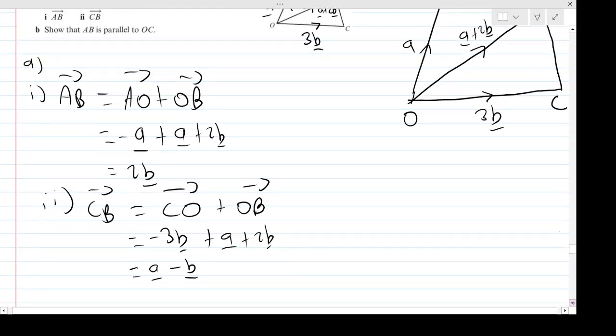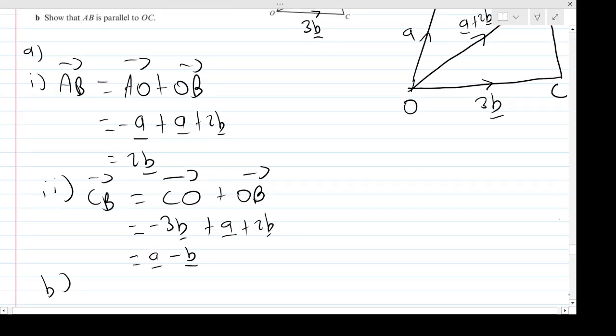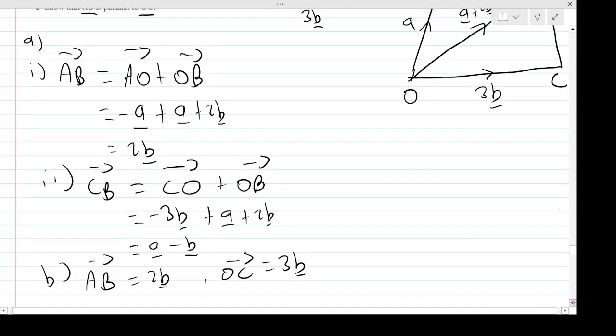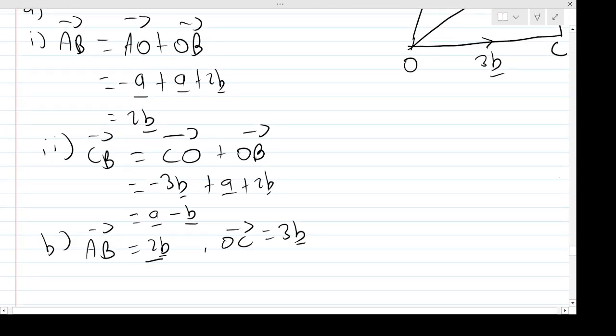Then for part B, I need to show that AB is parallel to OC. So firstly, AB, to recap, I found in the first part to be 2B. I'm also given that OC is 3B. Well, actually then, they're multiples of each other. 2B and 3B, they're just multiples of each other. I can say that 2B is going to be some lots of 3B.